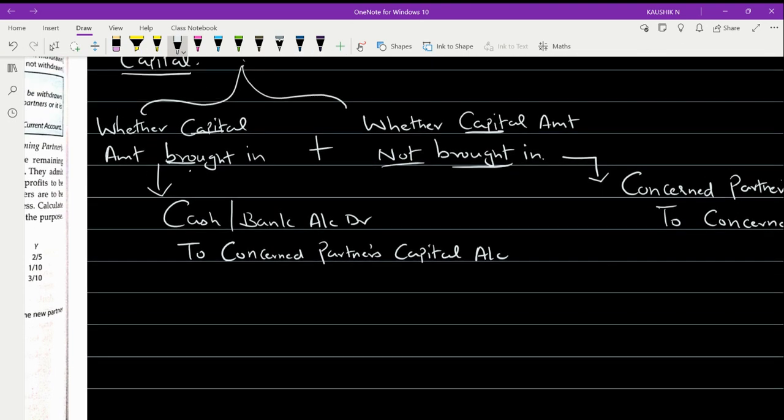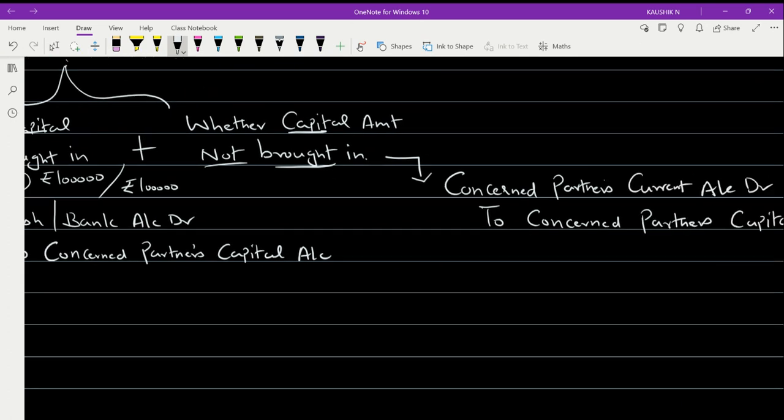In the first case, he has to bring an amount of rupees 1 lakh out of the required amount of rupees 1 lakh, so he has brought the entire amount. In the second case, he has to bring rupees 1 lakh out of rupees 1 lakh, but totally he didn't bring the amount. Altogether, this entire 1 lakh he didn't bring.